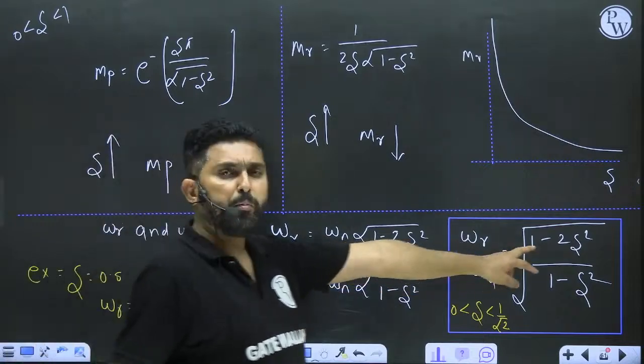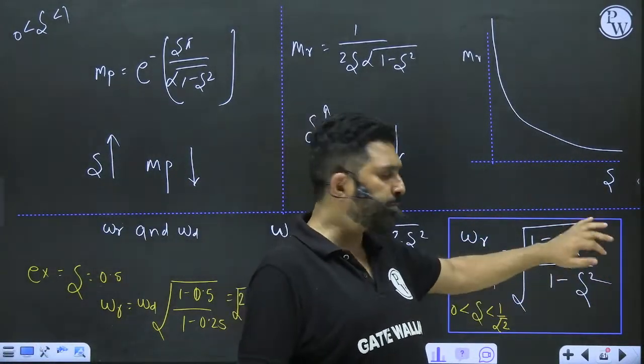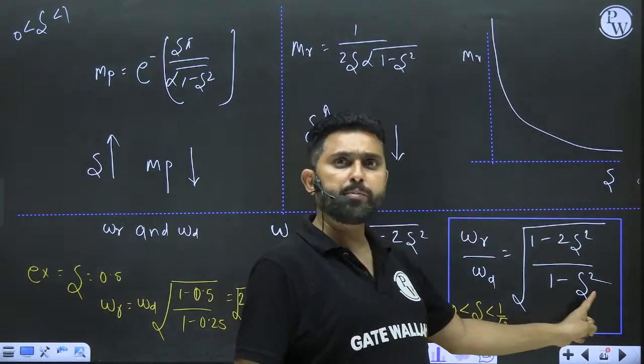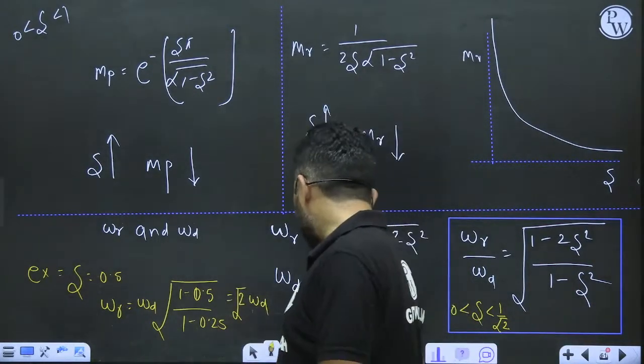Tell me, for zeta equal to 0.5, what's the value? See, 0.5 whole square is 0.25, 0.25 into 2 is 0.5, 1 minus 0.5 is 0.5. Here 1 minus 0.25, no, it's not root 2. What's the value?